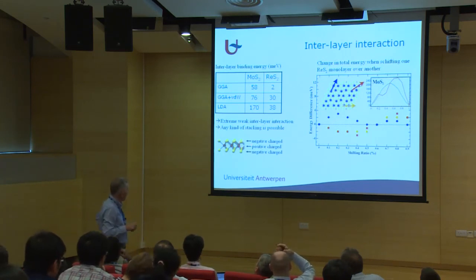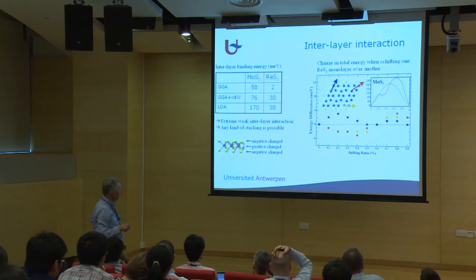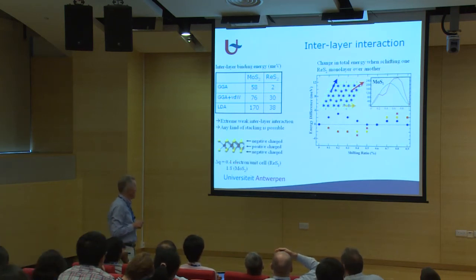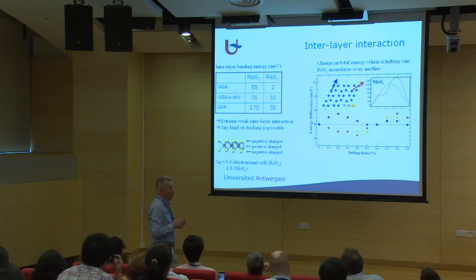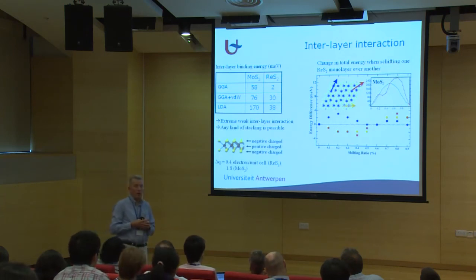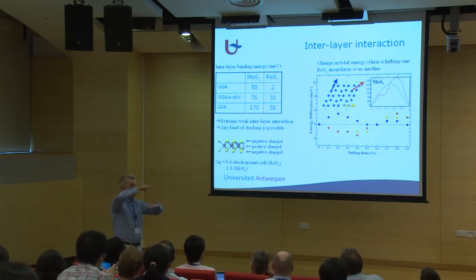And you have a charge transfer from, for example, in this case, the rhenium to the sulfur atoms, so they are typically negatively charged. The charge transfer in the case of rhenium disulfide is only 0.4 electrons per unit cell, while in the case of molybdenum disulfide, it's between 4 to 5 times larger. So that means that the polarization in that case is much larger.